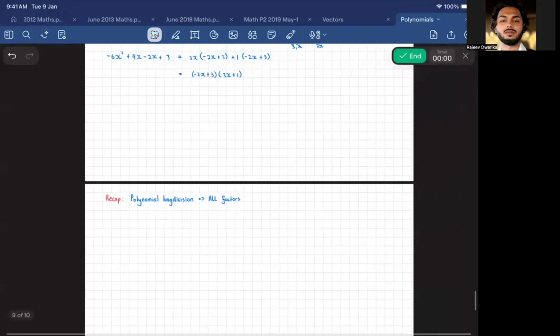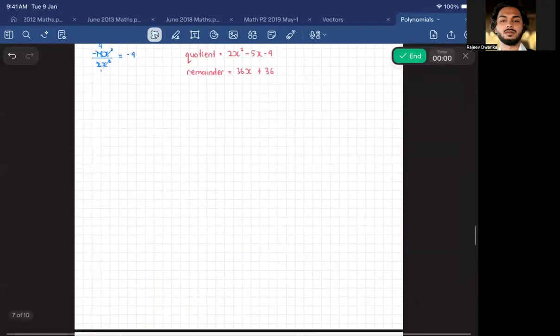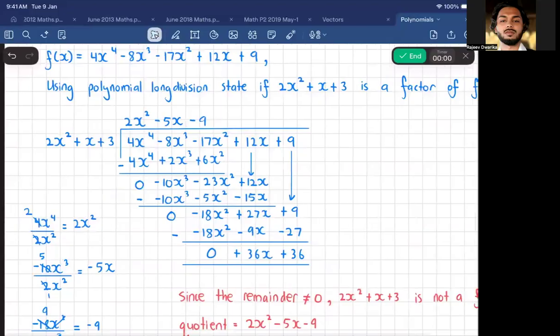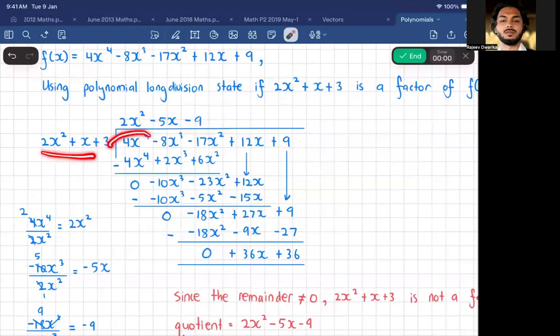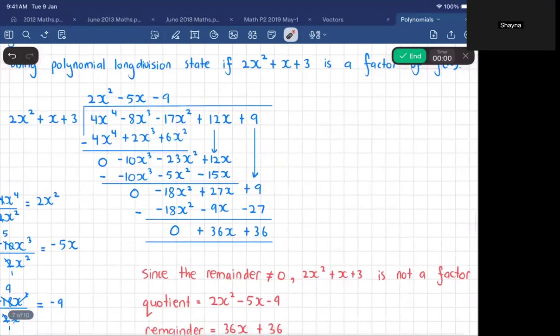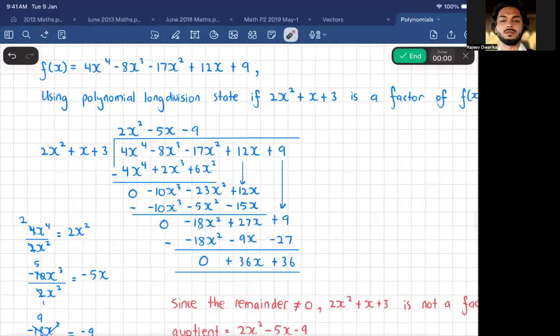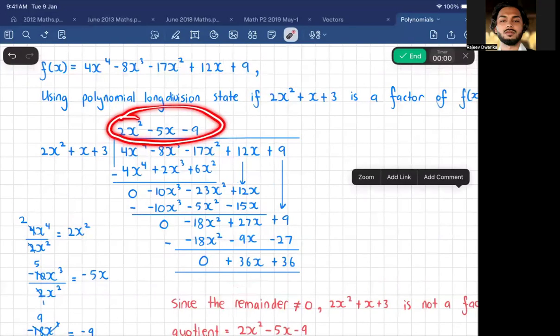You will not, and let me explain why. Do you think it makes sense to do all of this just to see if this is a factor of this? No, sir. The only reason we're doing polynomial long division is to figure out what this is. Do you all remember what we call that? What do you call the expression that's on top of the division sign?